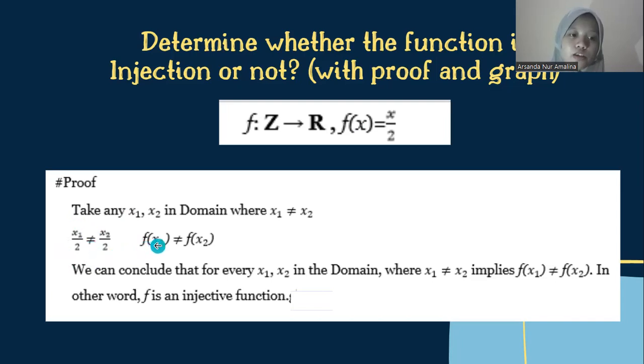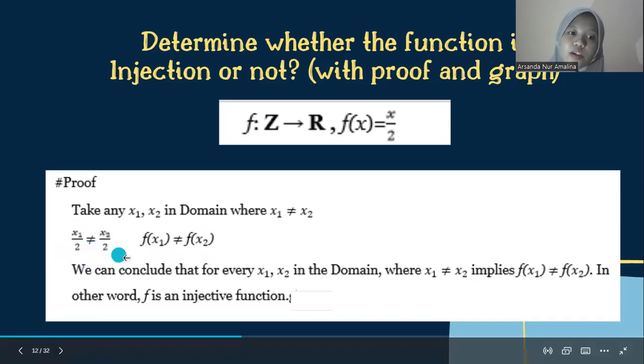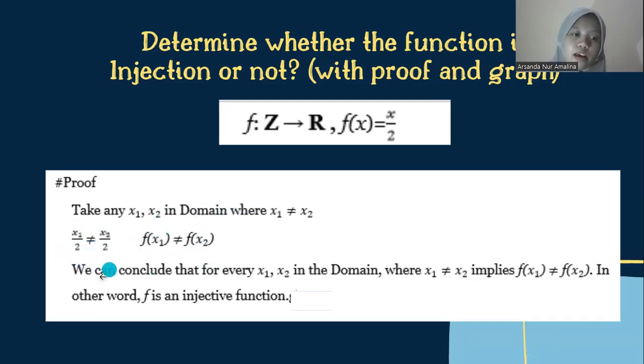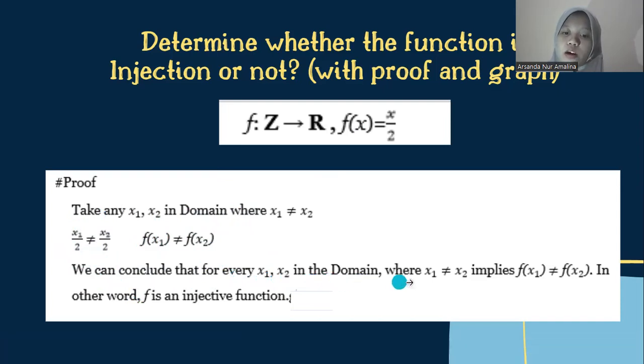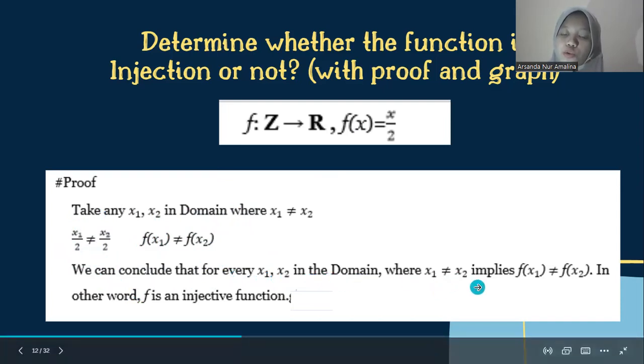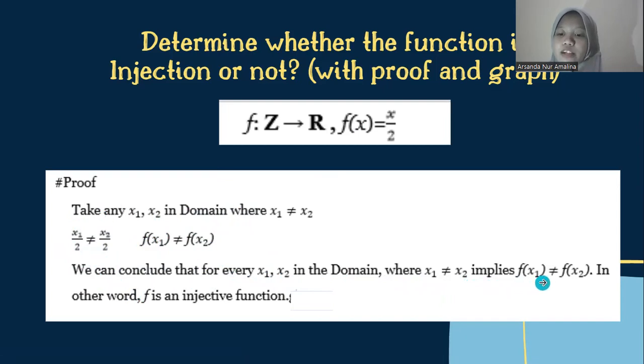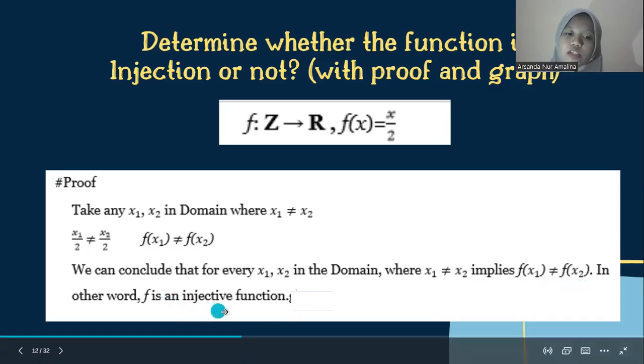So f of x1 is not equal to f of x2. By this statement, we can conclude that for every x1, x2 in the domain, x1 not equal to x2 implies f of x1 not equal to f of x2. In other words, f is an injective function. So it's proven that this function is an injection.